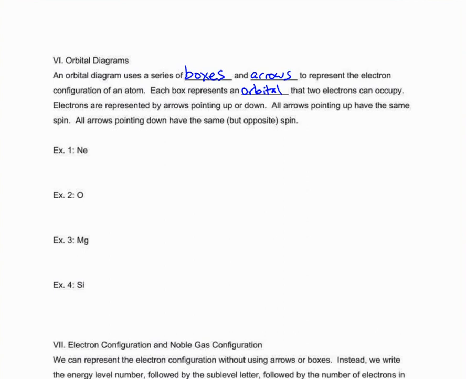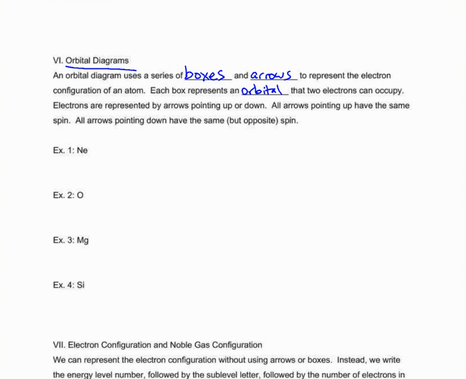Electrons are represented by arrows, which either point up or down. Every arrow pointing up represents electrons with the same spin. Every arrow pointing down would have the same spin as each other, but an opposite spin of the arrows pointing up.